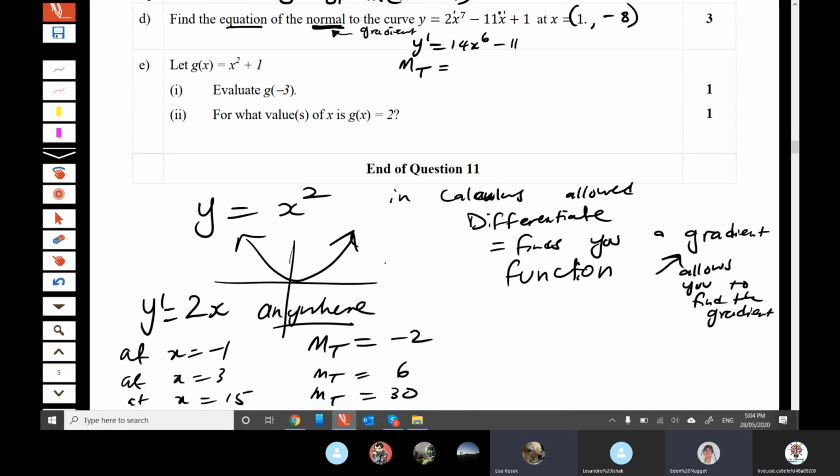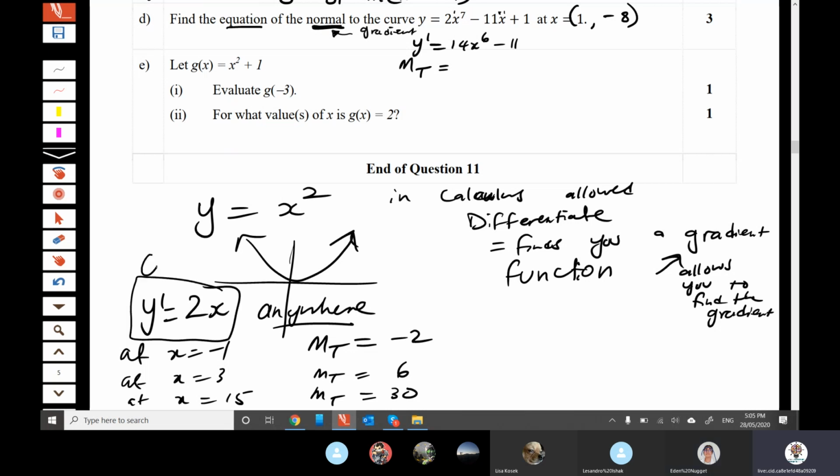Eden? I'm not sure how to find the gradient function. So to find the gradient function, you have to differentiate. And how do we differentiate? You bring the power down, and power minus 1. Yeah, that's it. So there it is.